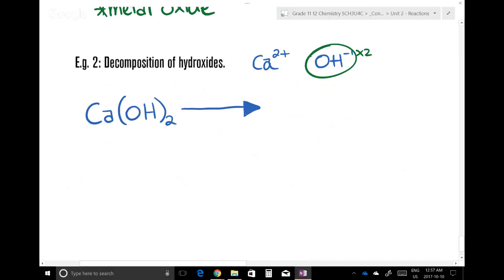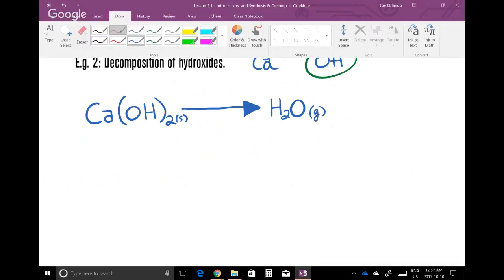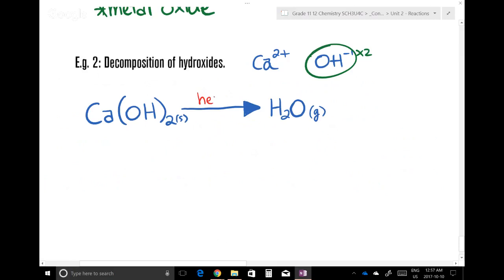If you're like me, you're thinking, I know. Hydrogen and oxygen, it might release water. You're right. It'll probably release it as a gas because, again, we're doing this using a lot of heat. So it's probably going to release some water as a gas.